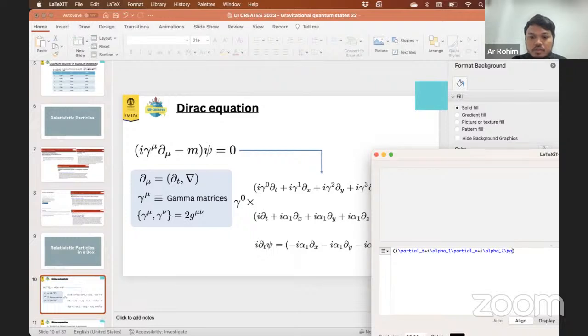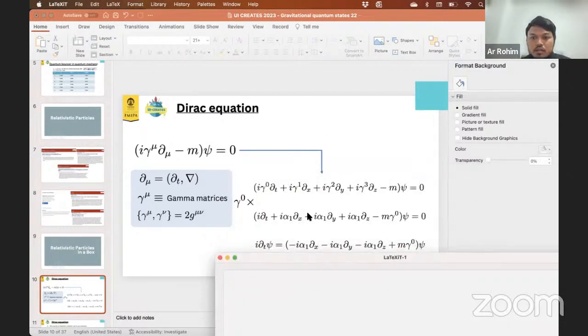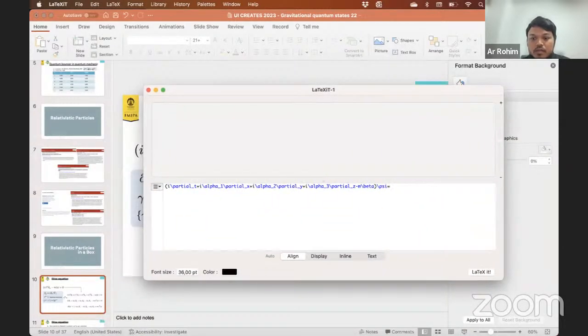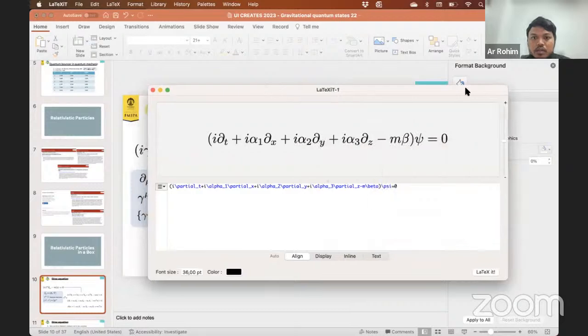Two. Yeah, this one is the correct one, I think.